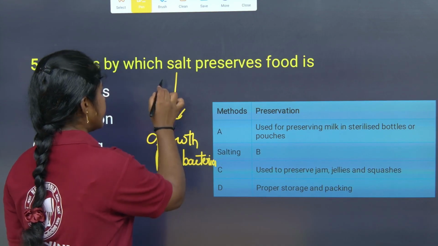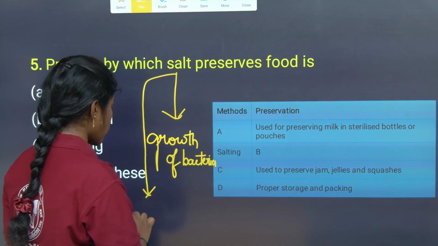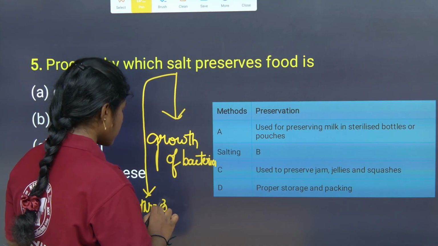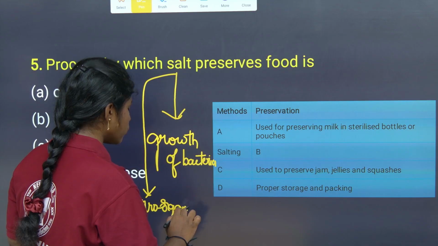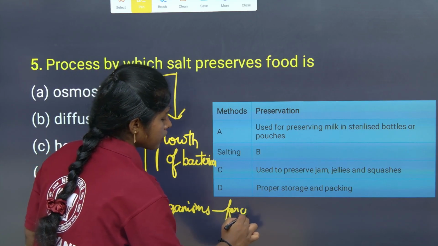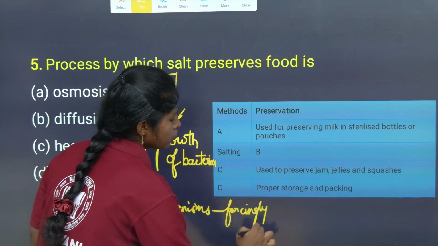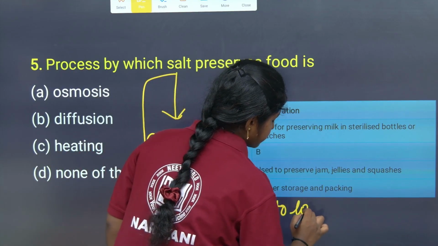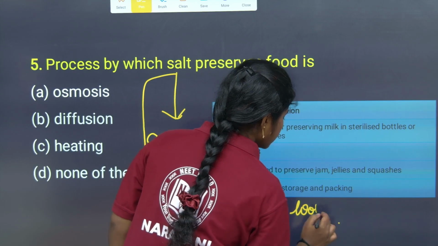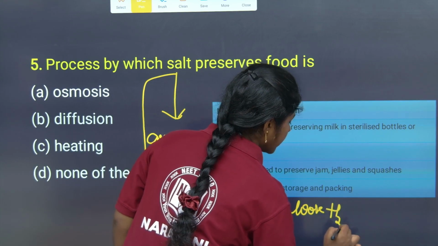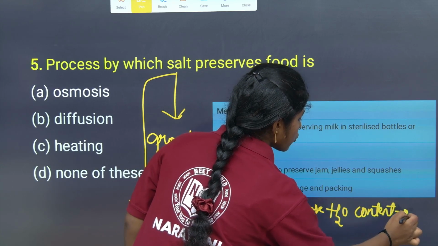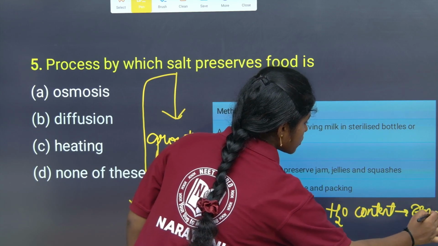What salt does is it forcibly makes the microorganisms lose their water content by the process of osmosis.